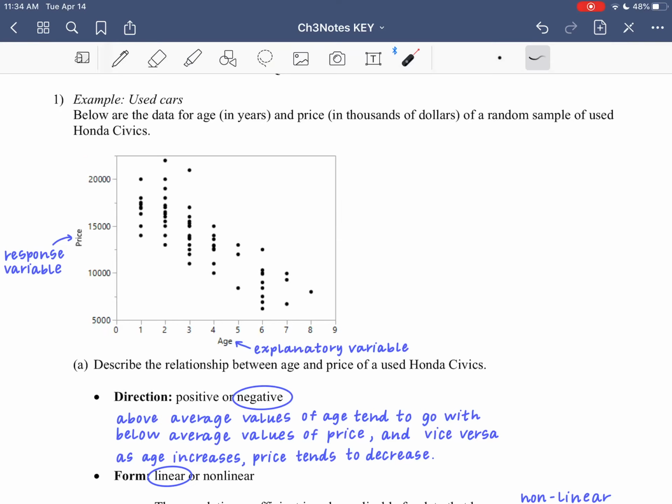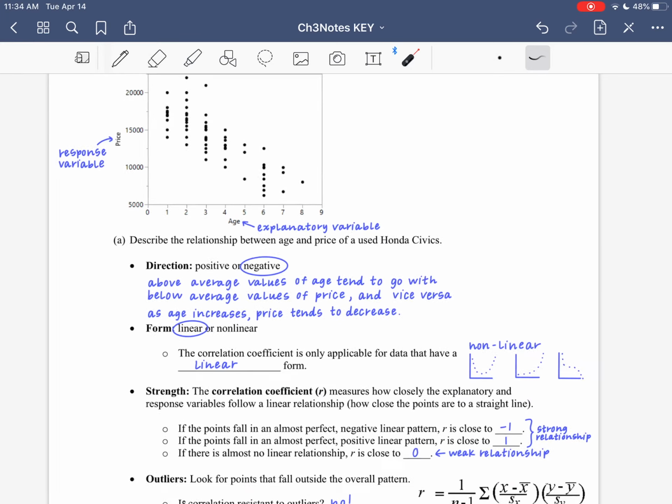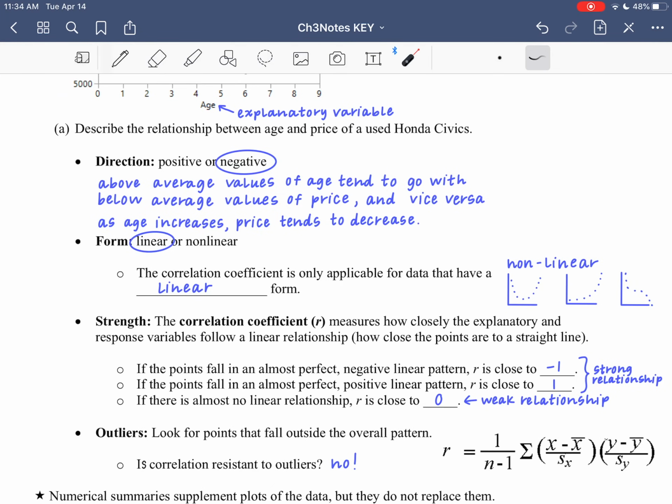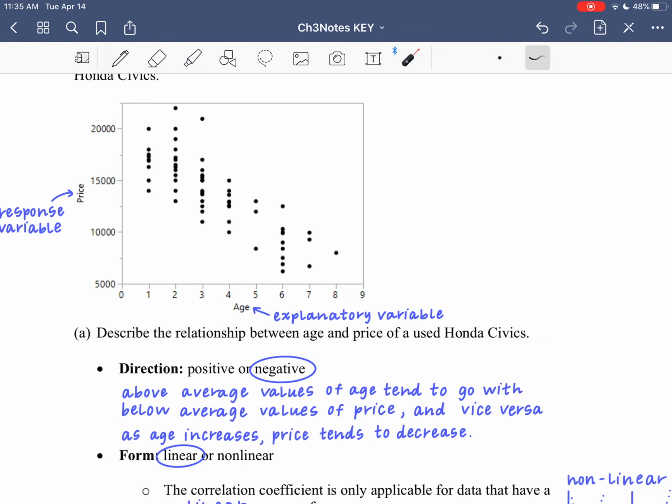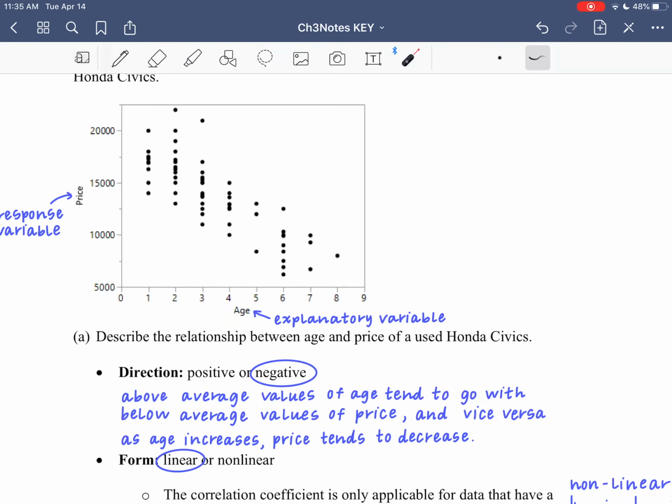That makes sense there. So when we are describing the relationship between two quantitative variables, we want to think about 4 things. Those 4 things are here in bullet form: direction, form, strength, and outliers. For direction, we just want to look at the overall trend and ask ourselves, is there an overall positive trend or a negative trend? We read graphs from left to right generally.